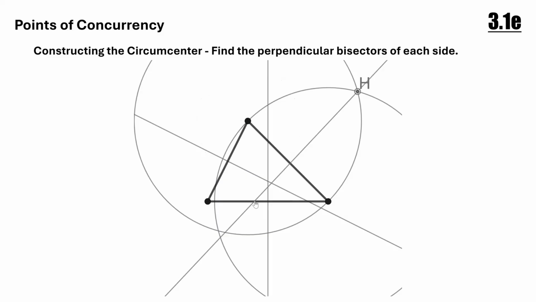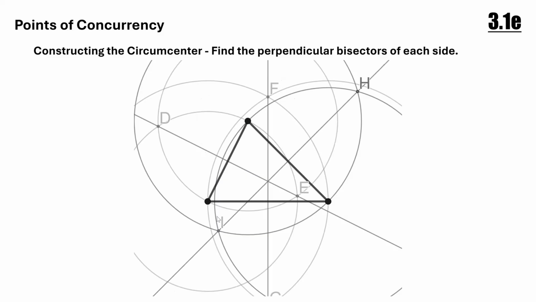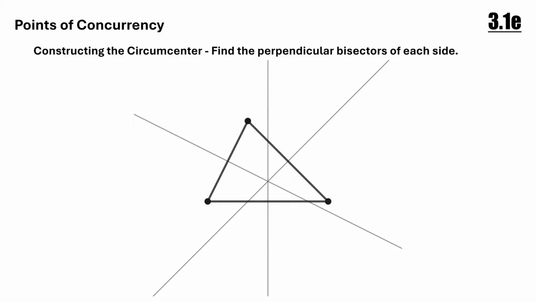Once all 3 perpendicular bisectors have been constructed, plot a point where they all intersect, and that will be the circumcenter. Next, draw a circle using the circumcenter as the center and any of the vertexes of the triangle as the endpoint of the radius.